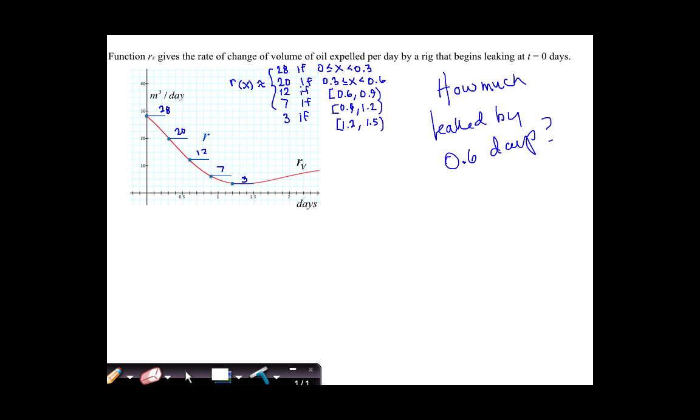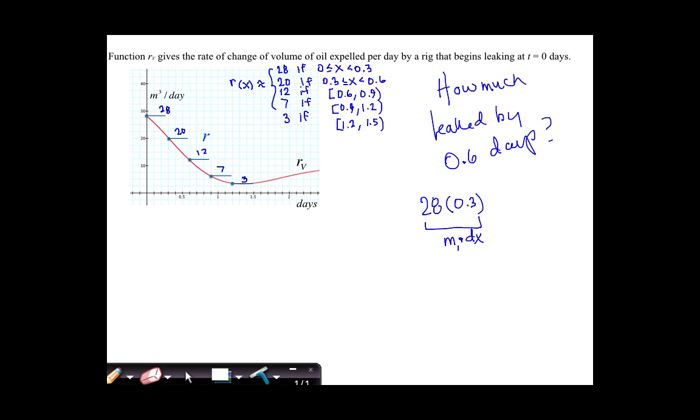Say, well, 28 cubic meters per day for the first 0.3 days as my estimate. So this is from the first interval, using, I'll call it M1, my first rate times dx, my little increment here.